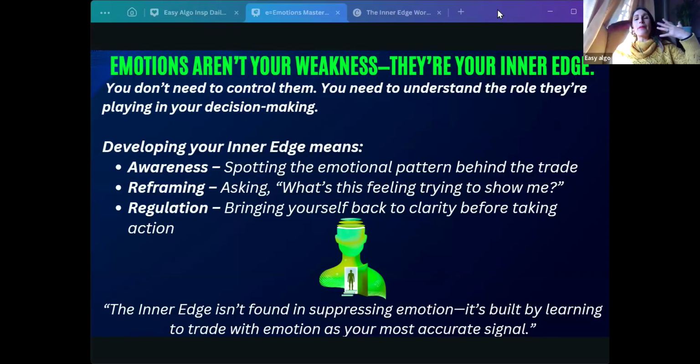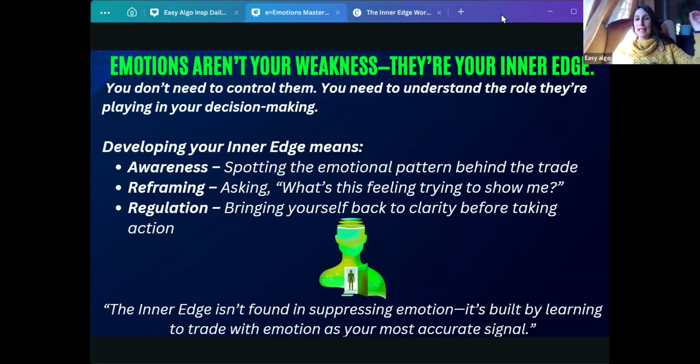When we think about the messages we received about our emotions growing up, either they were too much, they were neglected, they were ignored. There's a whole lot of story that we have around our feelings, right? And for many of us, we might see those emotions as weaknesses, right? But they're not. They're actually where we find that inner edge.